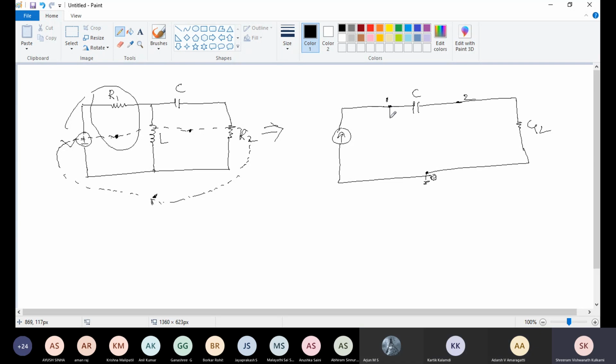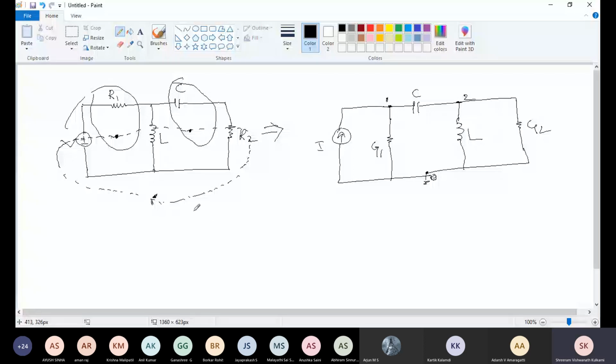Now I'm going to write from here G1. I have to replace R1 with G1. Then here, two capacitances are there, right? Parallel. C will be replaced with inductance L. Simple, right? This is I.